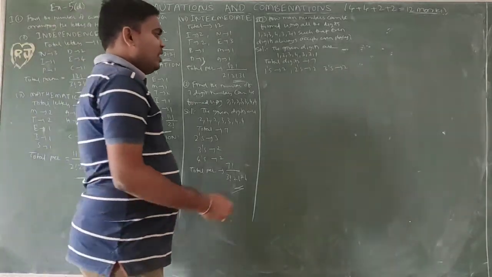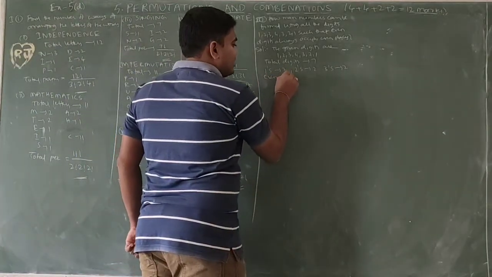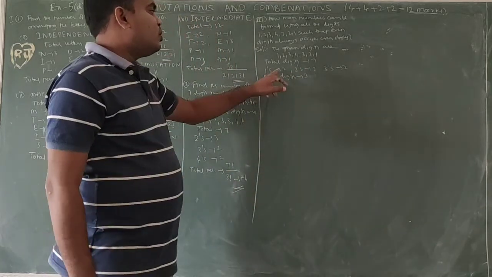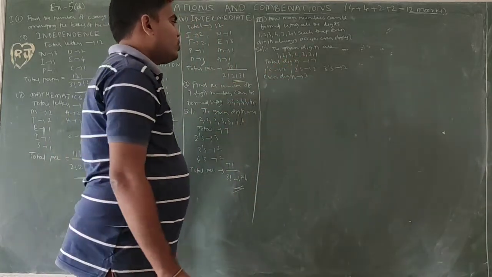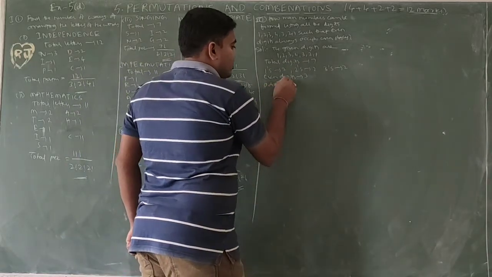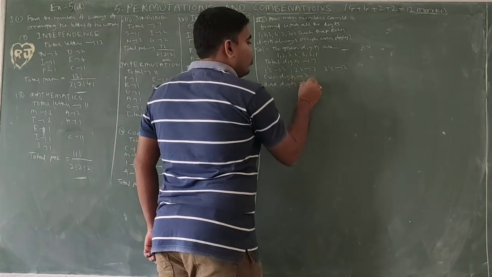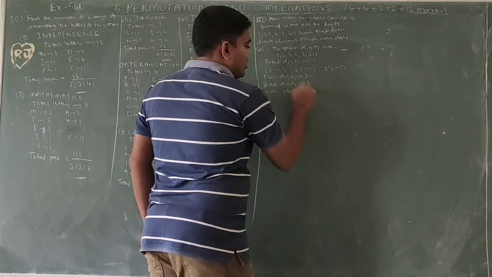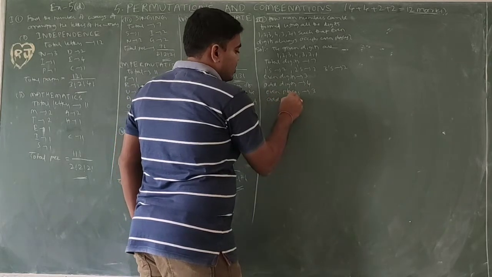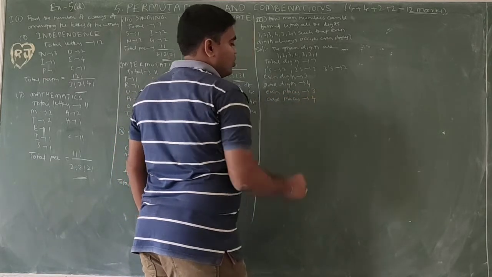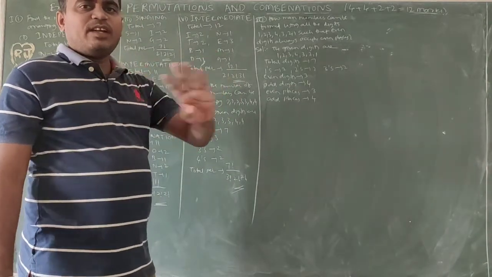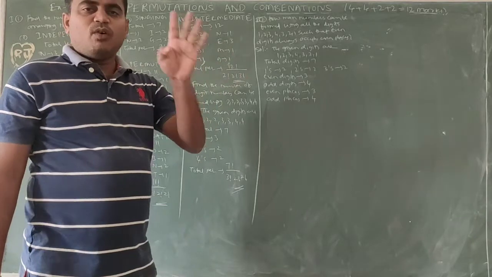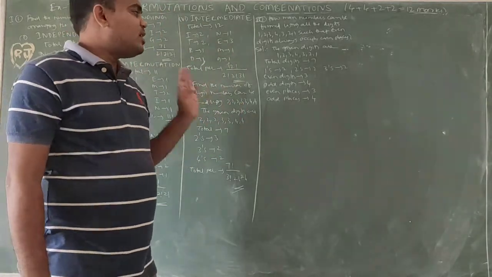Okay, so even digits equal to 3. We have 3 even digits: 2, 4, 2. So odd digits 4. Even places 3. Odd places 4. So if we are arranging 7 digits, in positions 1, 2, 3, 4, 5, 6, 7, 4 odd positions and 3 even positions exist.